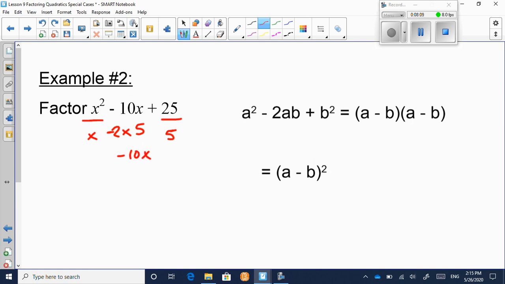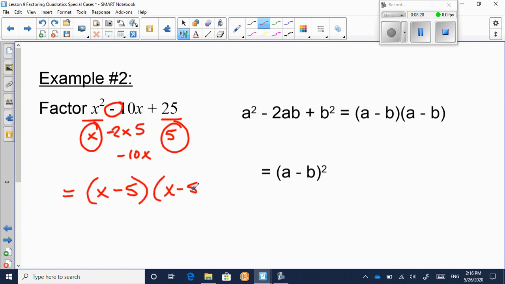So if that's a negative sign, look what you can do. It's going to be very similar. Instead of it being x plus 5 squared, it's going to be x minus 5 squared. So look at this one. This will be x minus 5 times x minus 5, or x minus 5 squared.